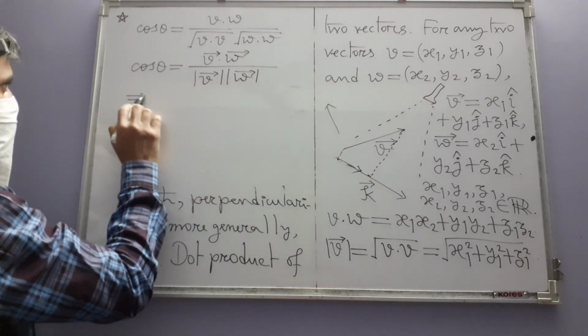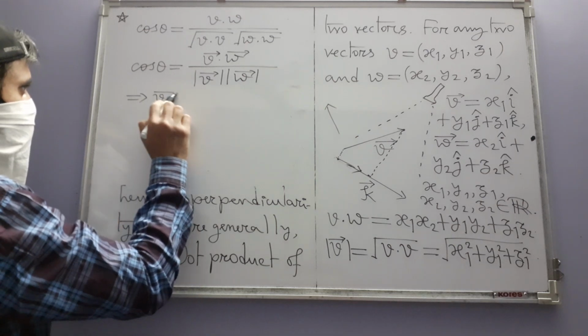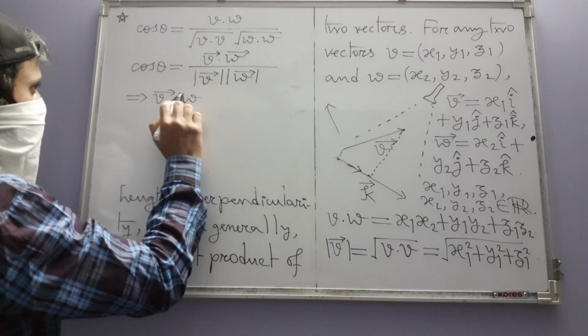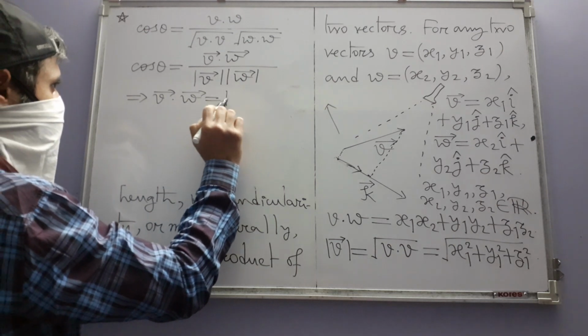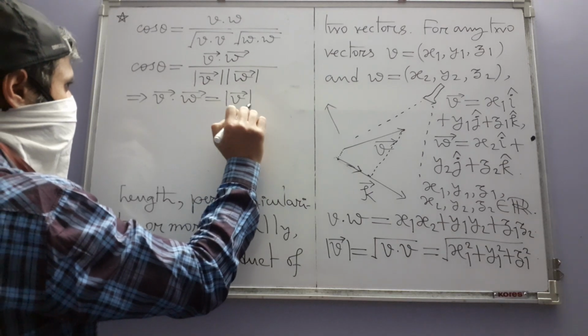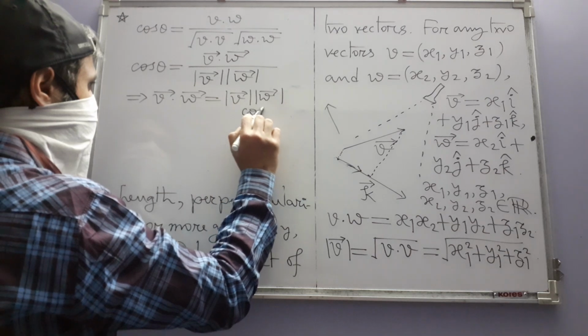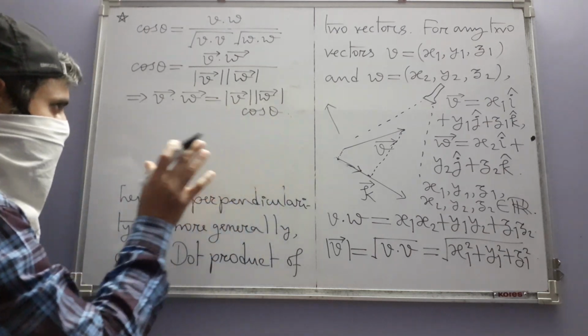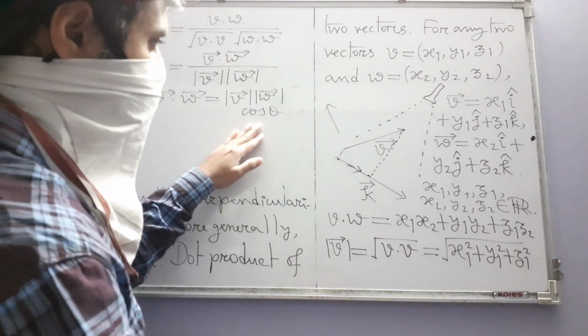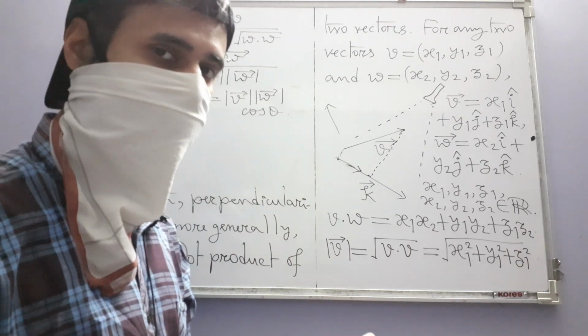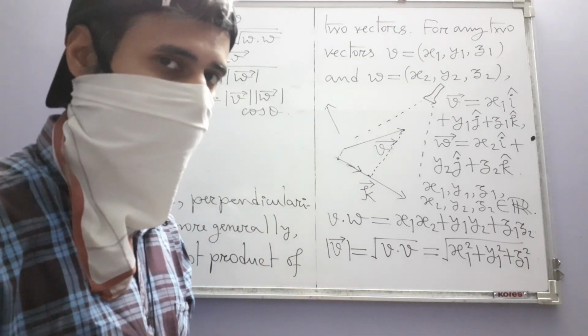So if you rearrange things a little bit, you get this, which is in fact how the dot product is usually defined in vector analysis.